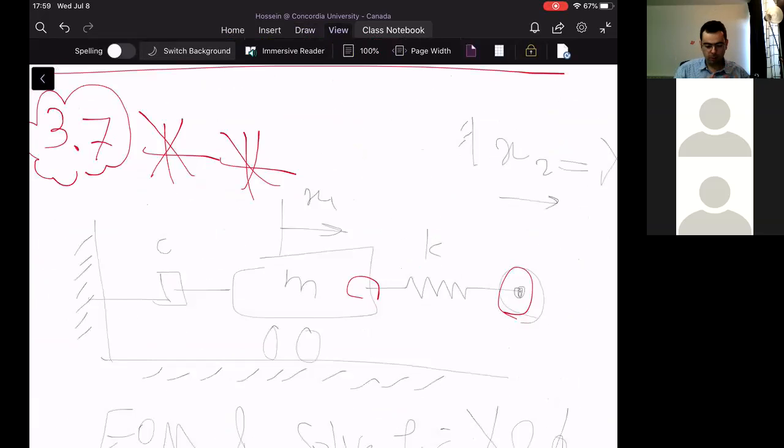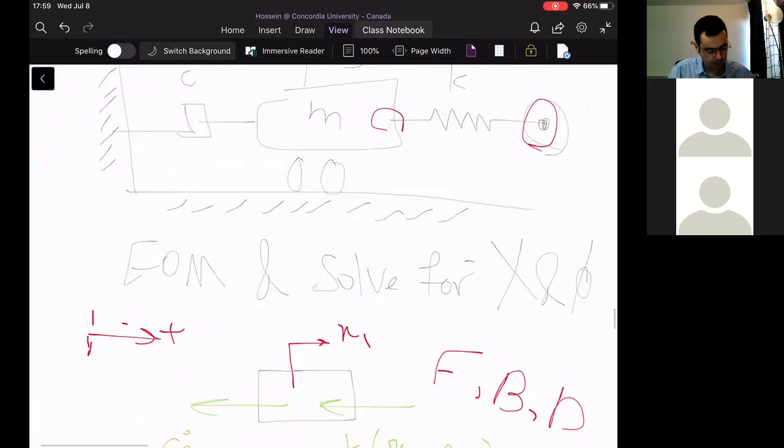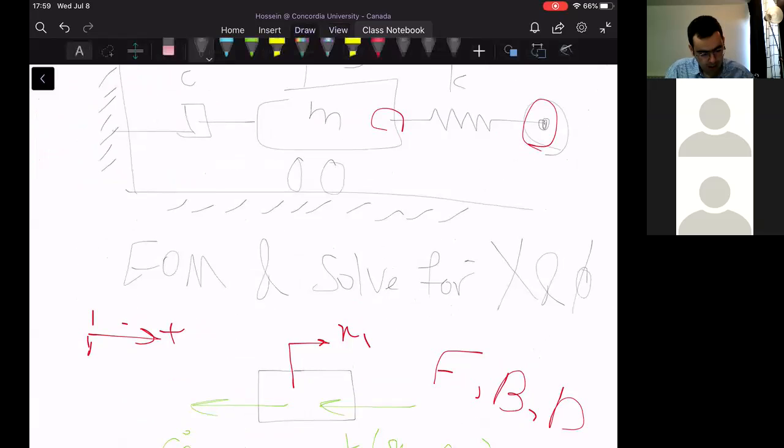In order to not forget and not make a mistake, my method is that, at the first step, I consider a positive direction. I will tell you why. At the first step, if you do that, you will never make a mistake. Just consider a positive direction, right hand side.